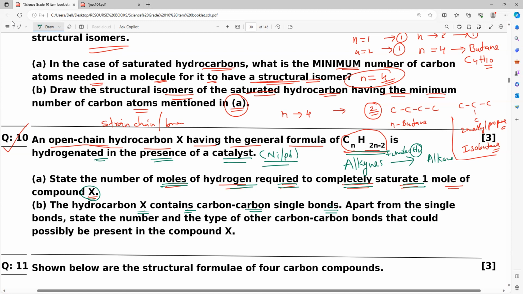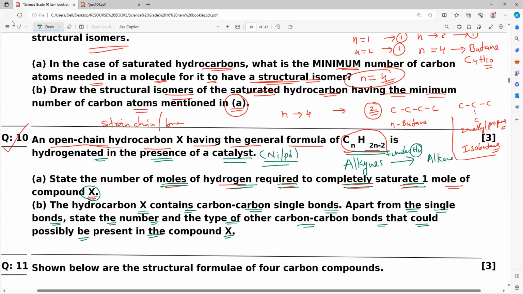Apart from the single bonds, state the number and the type of other carbon-carbon bonds that could possibly be present in the compound X, that is what they are asking. So anybody can tell?